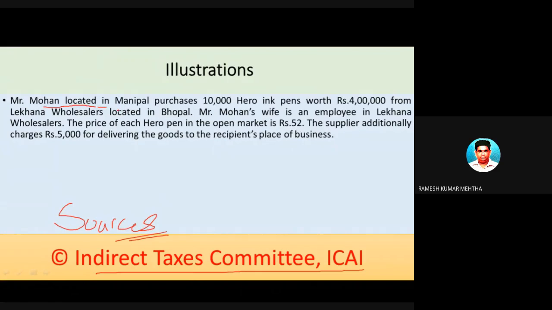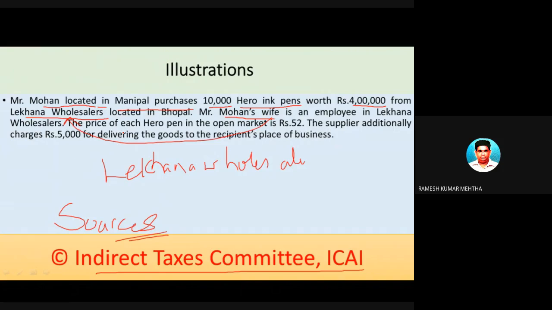Mr. Mohan, located in Manipal, purchases 10,000 Hero ink pens worth 4 lakh rupees from Lekhana Wholesalers in Bhopal. Mr. Mohan's wife, Mrs. Mohan, is an employee in this company.